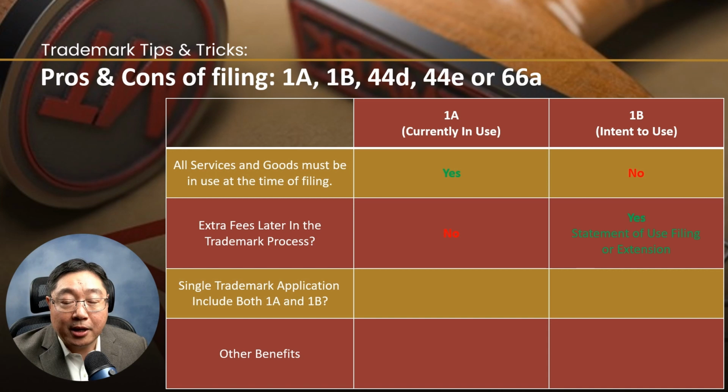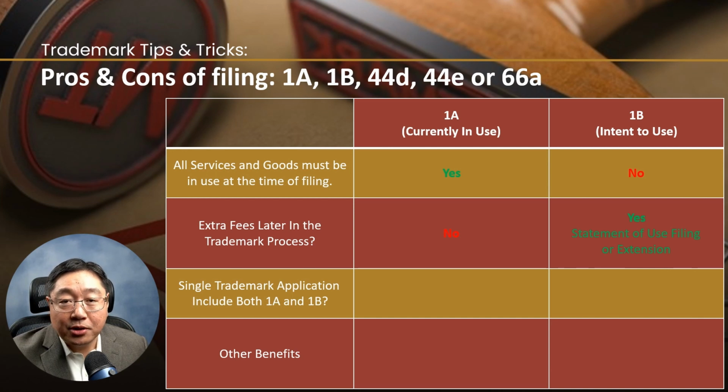However, 1B applications do require a statement of use filing, and that is per class. So there are additional fees later on in the process, but that's really not required until almost a year after the application has been filed. The main reason for that is it's an extra submission that must be done by the applicant and an extra review by the examiner that needs to be done at a separate time.